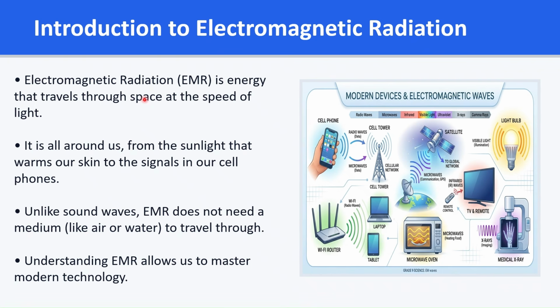So radiation man siya, dili siya makita sa naked eye. Pero nag-exist siya, naa siya, it's because of kanang makita nato sa atong gadgets or sa mga palibot nato nga mga electronics. So it is all around us.